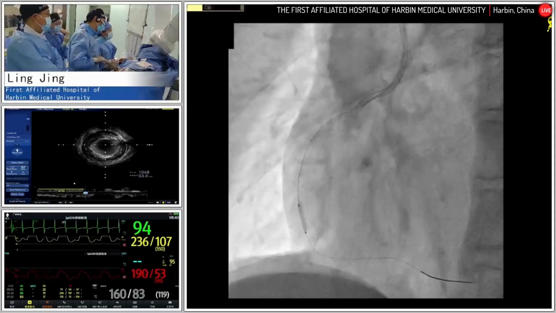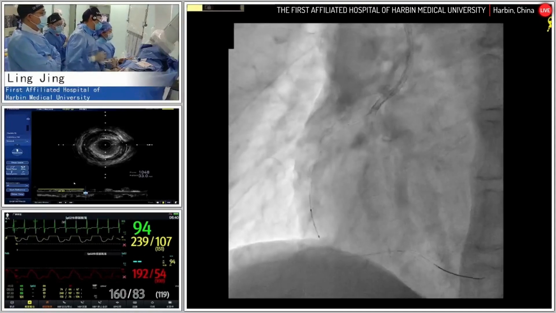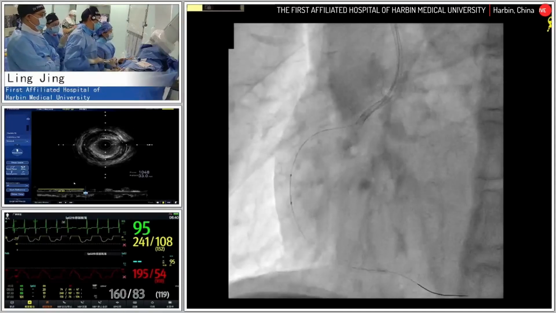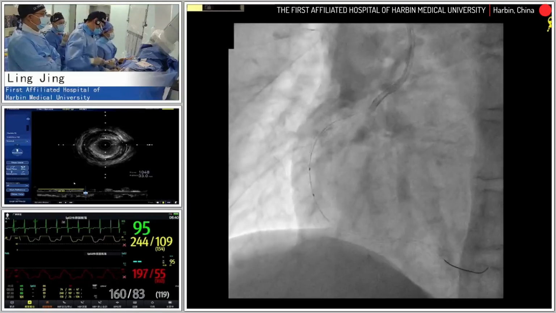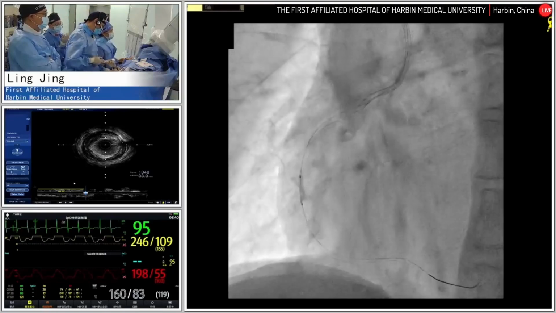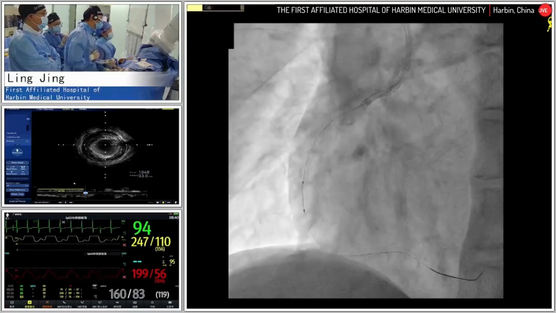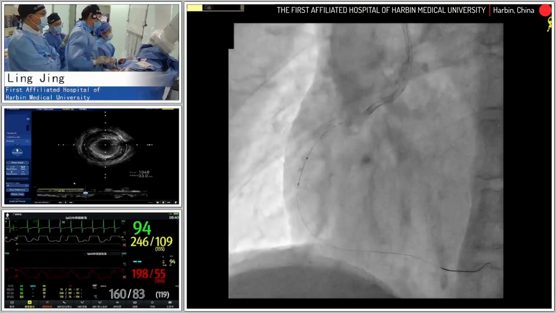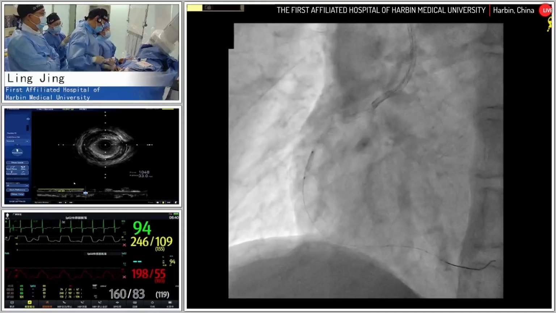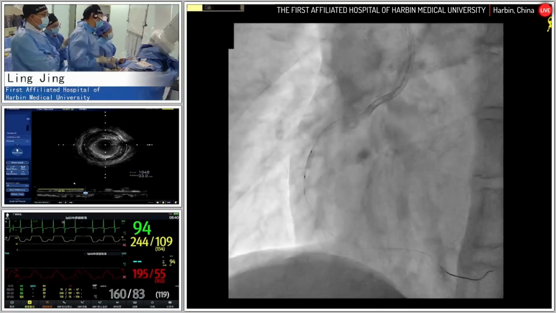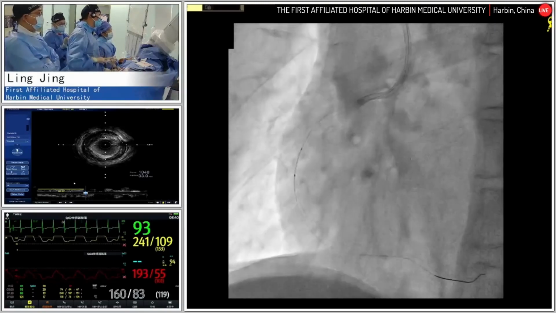And you may notice that we are using contralateral angiography from the left coronary artery to identify the wire position and also the distal situation of the collateral flow, which is potentially very important information.